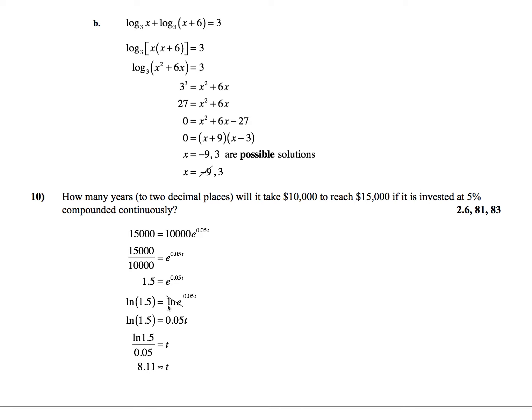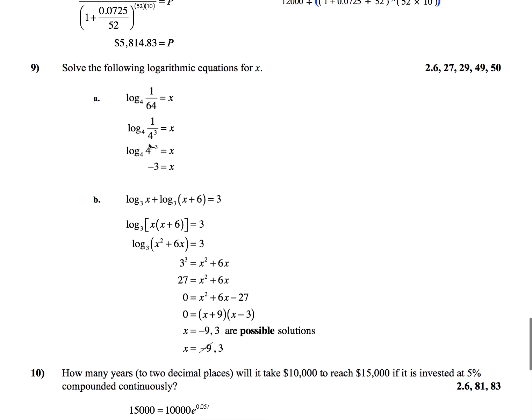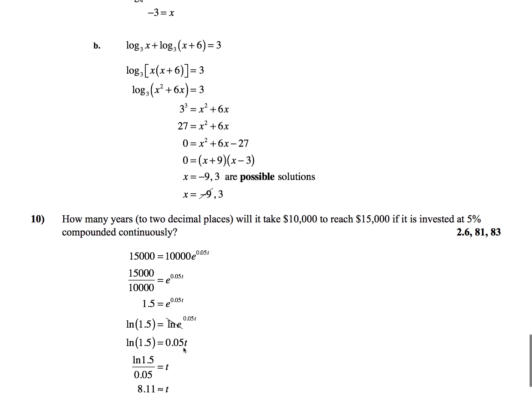When we take the natural logarithm of e raised to any exponent, these are inverse operations of one another. They undo one another, which is what we did when we took log base 4 of 4 raised to some exponent. Those two cancel each other out, and the exponent is now left on the right side of the equation.